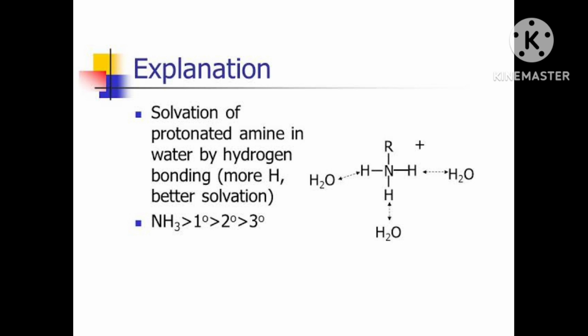Moreover, the substituted ammonium ion I am talking about. Moreover, the substituted ammonium ion formed from the amines gets stabilized due to the dispersal of positive charge by the plus I effect of the alkyl group. Okay. Hence the alkyl amines are stronger bases than ammonia.